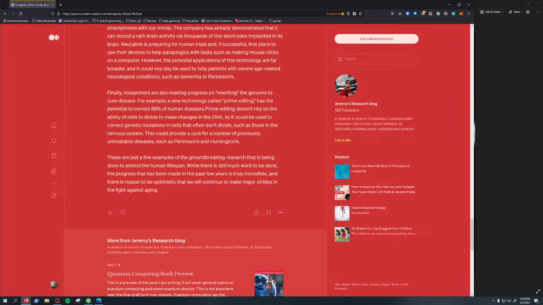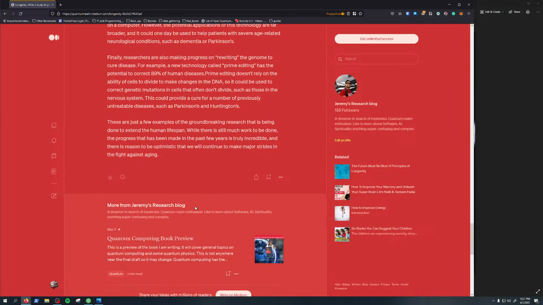These are just a few examples of groundbreaking research that is being done to extend human lifespan. While there is much work to be done, the progress that has been made in the past few years is truly incredible, and there is reason to be optimistic. We will continue to make major strides in the fight against aging.